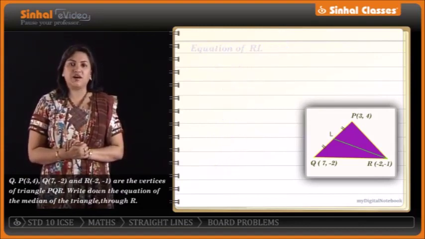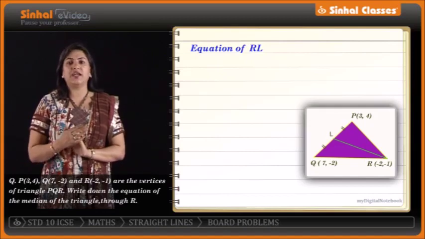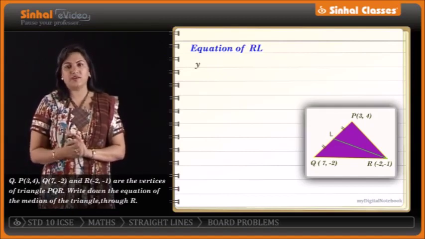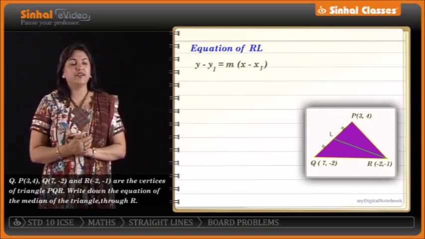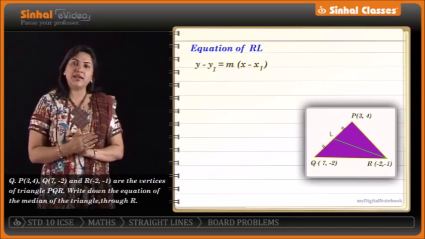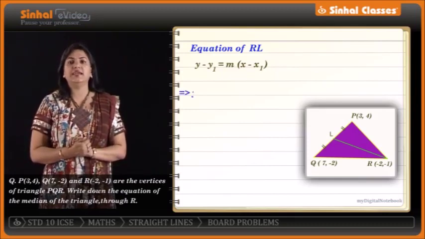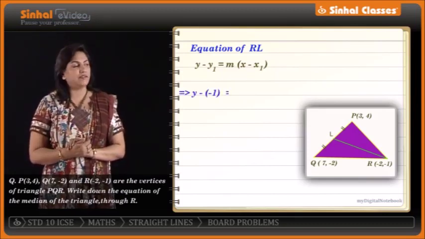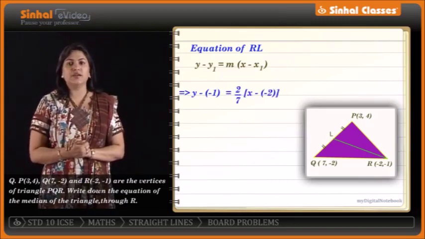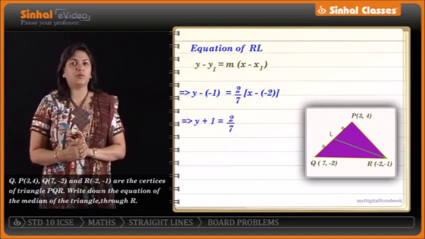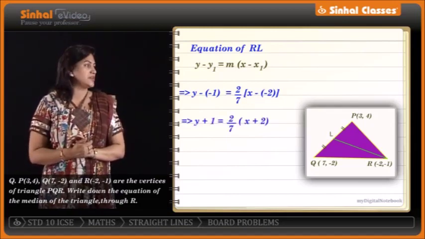So the equation of RL can be obtained by point slope form as y minus y1 is equal to m into (x minus x1). We get y minus of minus 1 equals 2 by 7 into x minus of minus 2, that is y plus 1 is equal to 2 upon 7 into (x plus 2).